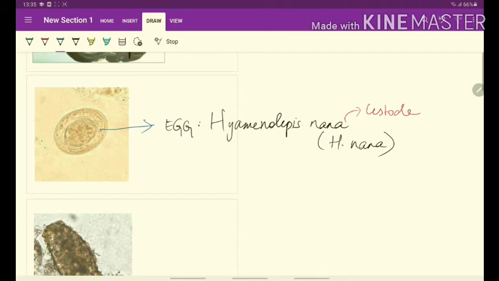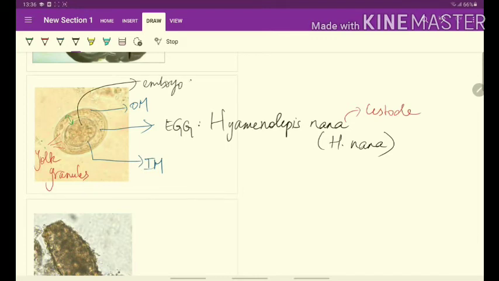Coming to the characteristics of the egg, it has an outer membrane and an inner membrane, and there is a space between the outer and the inner membrane which contains yolk granules. So all these are the yolk granules. And there is an embryo situated in the middle containing 3 pairs of hooklets.